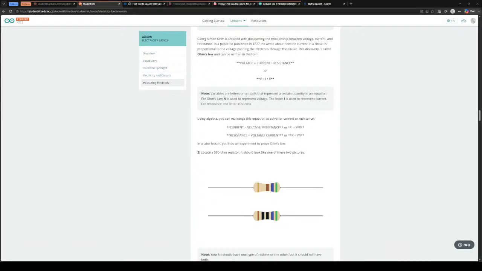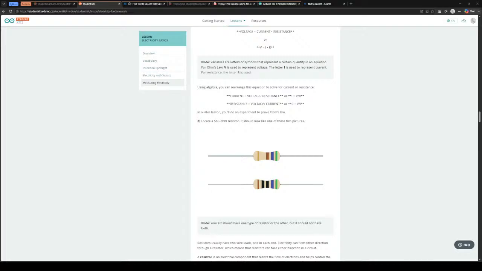2. Locate a 560 ohm resistor. It should look like one of these two pictures. You guys can't see it, but I'm taking it out. Brown, blue, green. Yep, I found it.